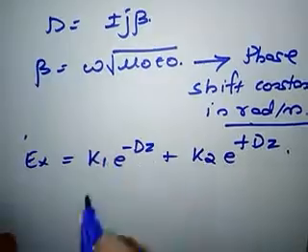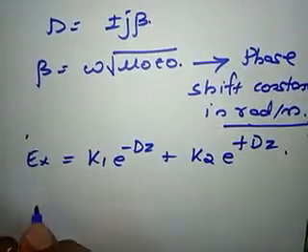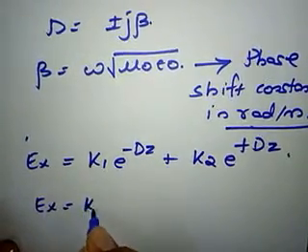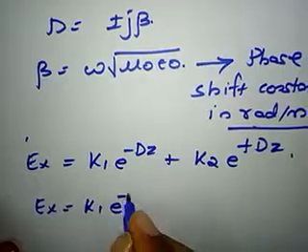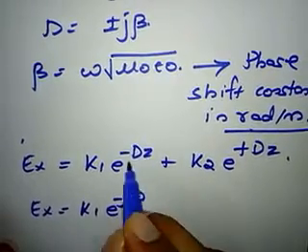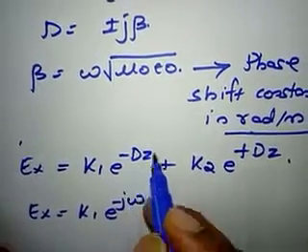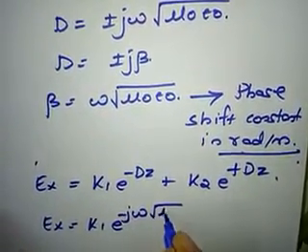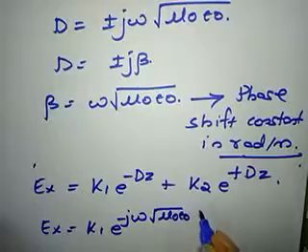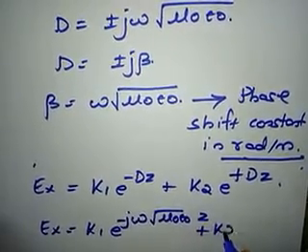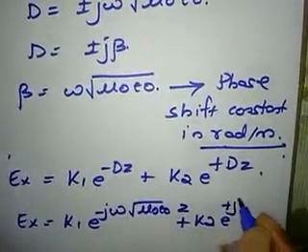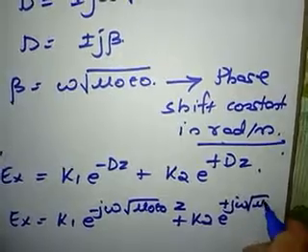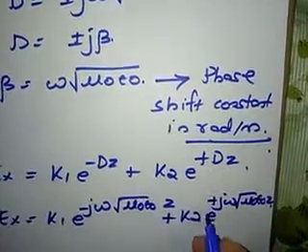We have already found the value of d, so substitute that. Ex will be equal to k1 into e raised to minus j omega square root mu naught epsilon naught z plus k2 into e raised to plus j omega square root mu naught epsilon naught z, right?